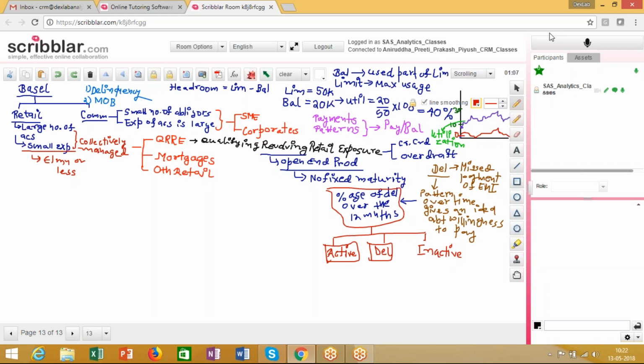A seasoned account is an account which has been on the books of the bank for a sufficiently long time, given that these accounts have been seasoned, right? They have been on the books of the bank.